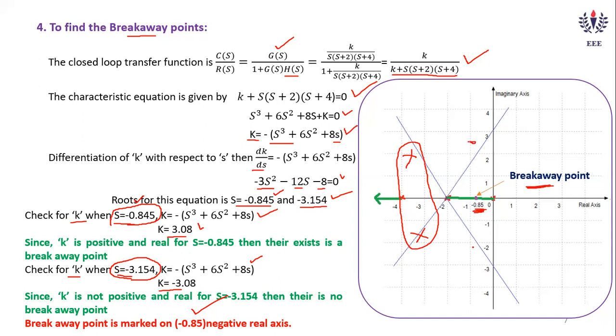If you have complex zeros, then you need to calculate the angle of arrival. Complex poles mean we identify the angle of departure; complex zeros mean we identify the angle of arrival.